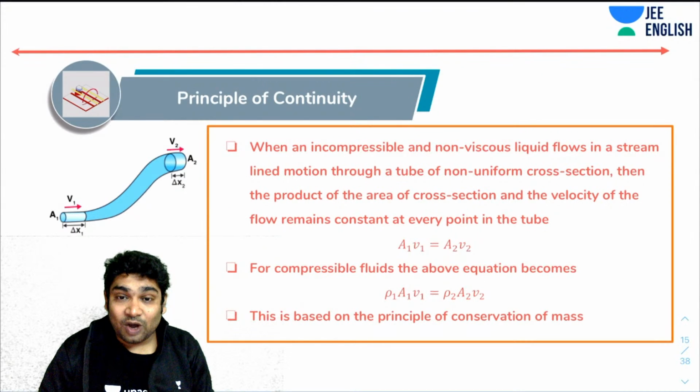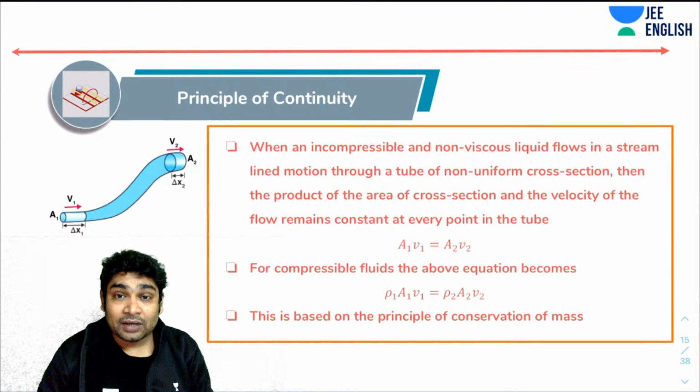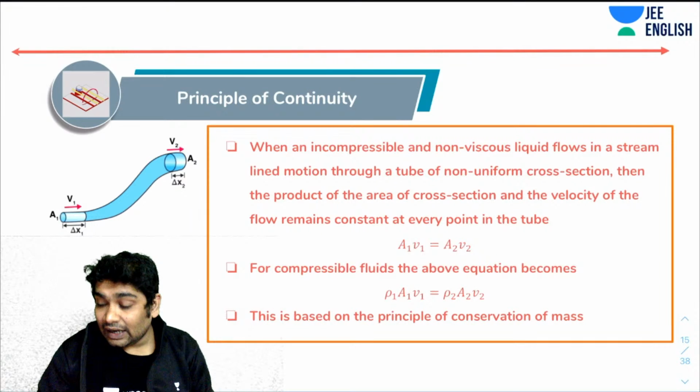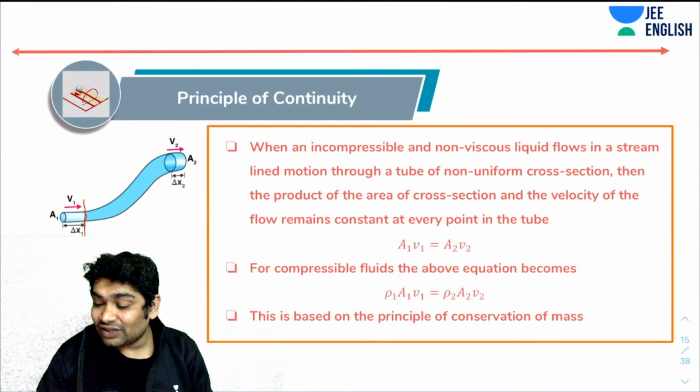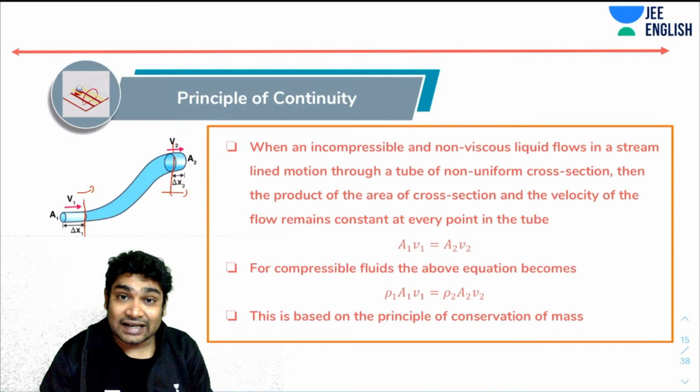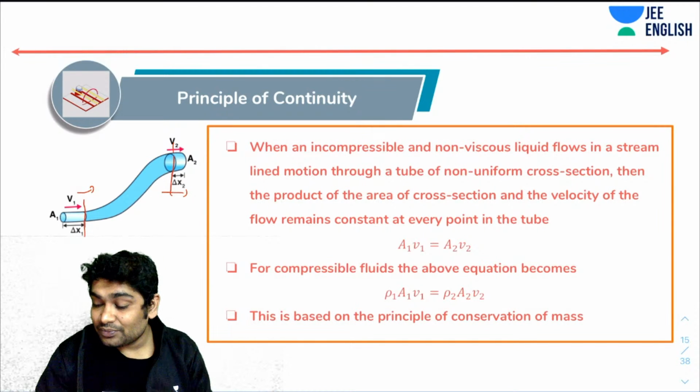Now we'll talk about something called the principle of continuity. So what is the principle of continuity? If there is any section of pipe which is carrying water, then for that section the mass of water that enters has to be equal to the mass of water that is leaving the section.